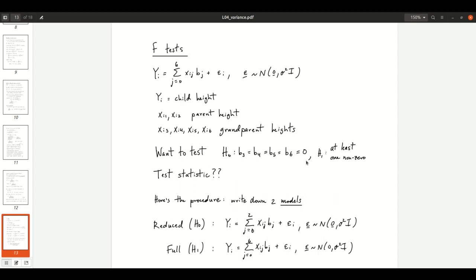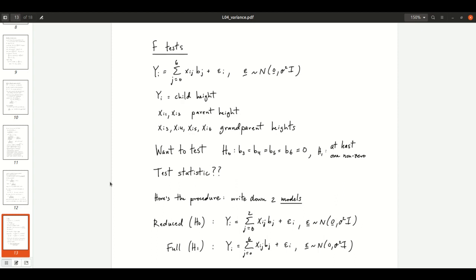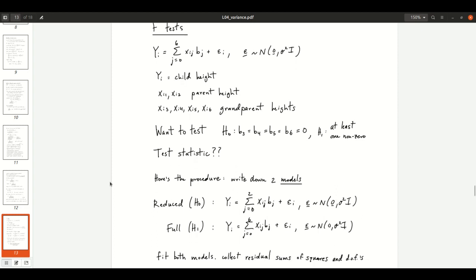B3 equals 0 you could test by looking at B hat 3 and comparing that to its standard error, but that wouldn't say anything about the other ones. So we need something different here, and that's the F-test. What I'm going to do is write down the procedure for doing the F-test, and then we'll verify that the statistic that we use has an F distribution.